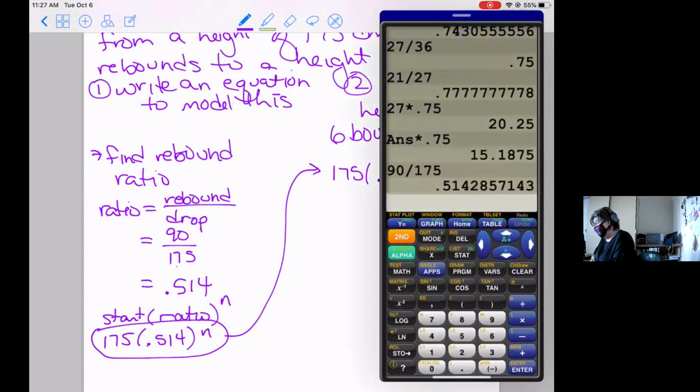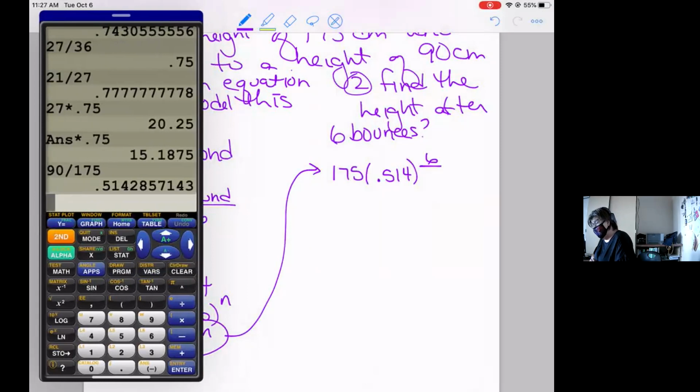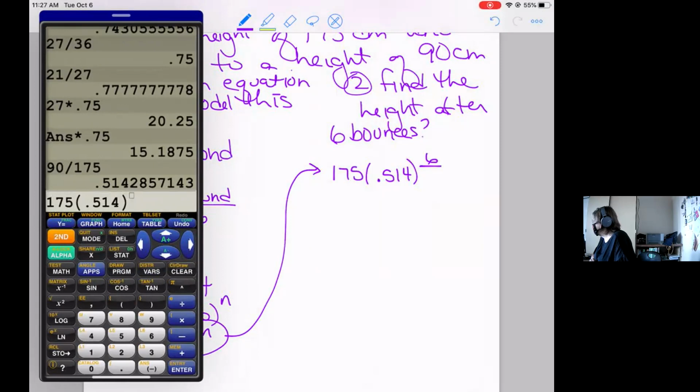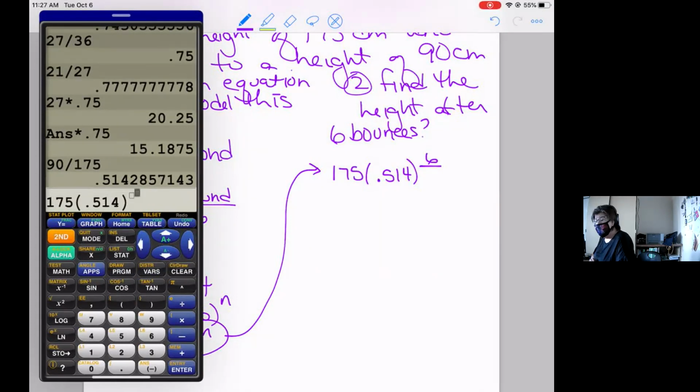If you're using my calculator, you're going to go 175, parenthesis, 0.514, parenthesis, this button right here, right above the divide sign, which tells the calculator you need an exponent. I hit it twice. It's called a caret. If you're trying to use your phone, it's tougher.